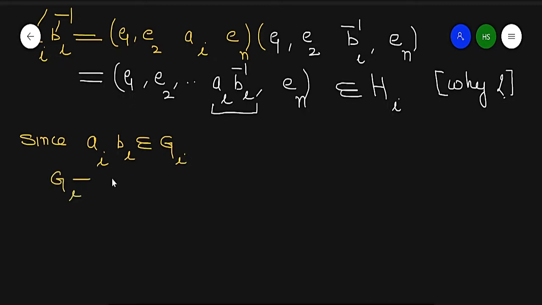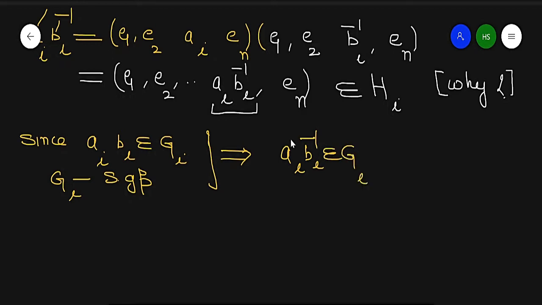Gi is a subgroup, a group. So if it is a subgroup, it implies ai bi inverse belongs to Gi. So this element belongs to Gi. It is the identity of G1, G2, and this element belongs to Gi. That's why this belongs to Hi.